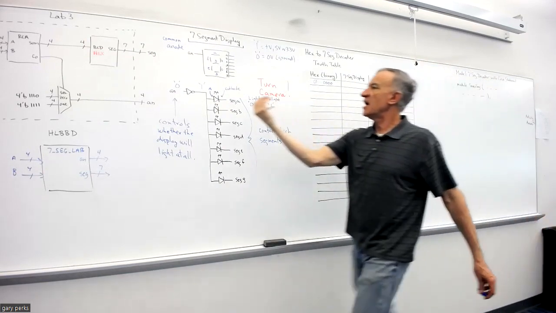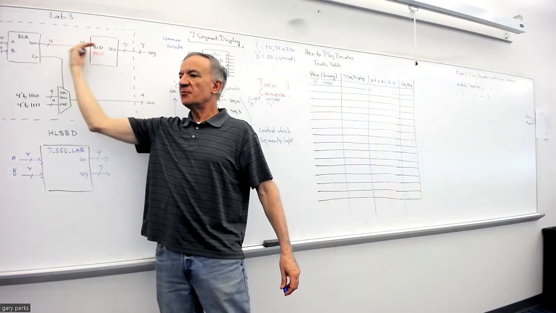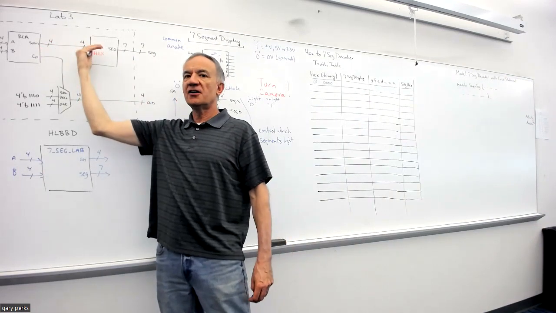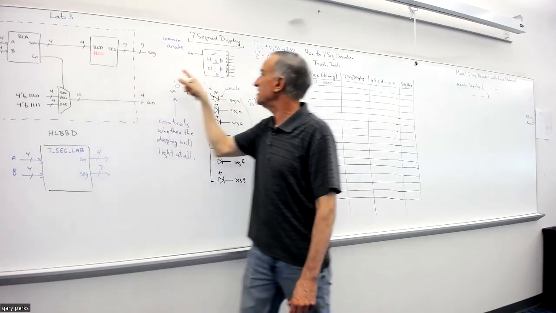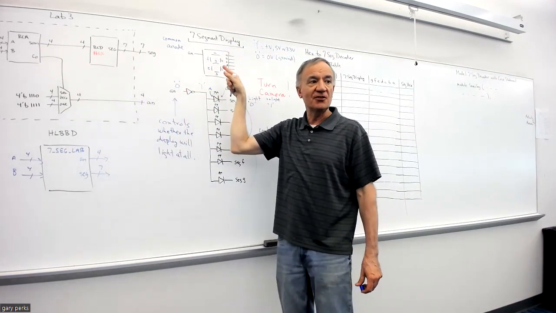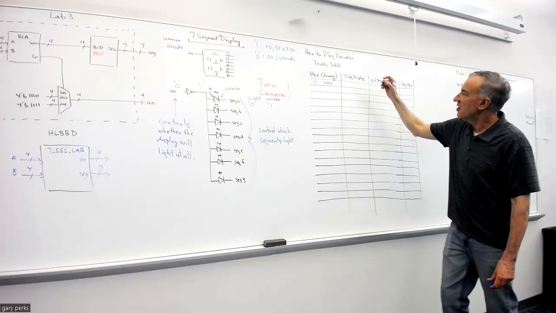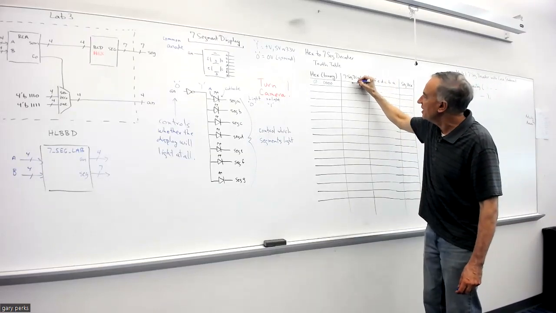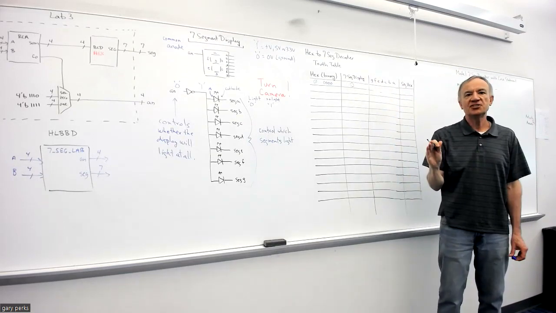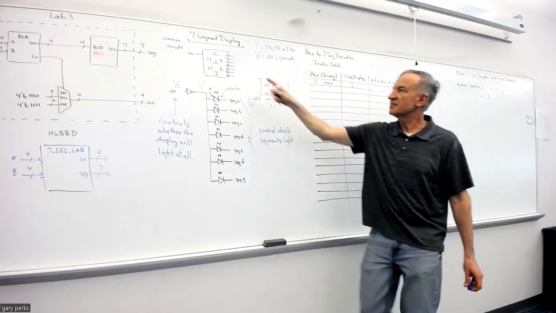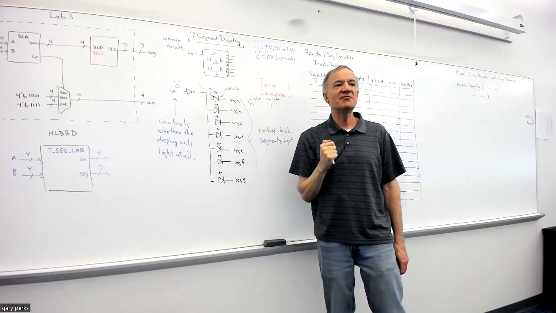So when we have a 0 coming from the RCA into our decoder, what we want to show on the 7-segment display is a 0. That means we would have to light the A, B, C, D, E, F segments. We don't want the G segment for that. Then we have a 0 showing up on our 7-segment display.